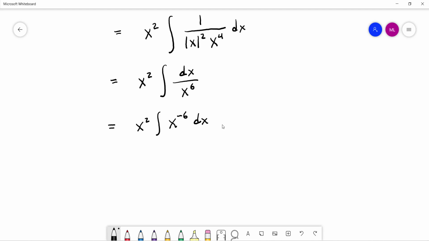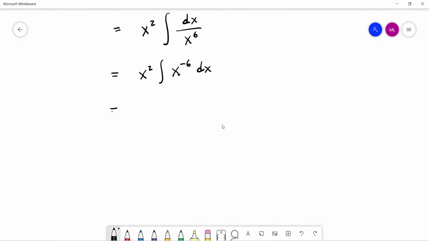What is the integral of x to the negative 6th? Well, we can just do power rule on that. So I'll have x squared times, the integral of x to the negative 6 is going to be 1 power higher, so it's going to be x to the negative 5th, and I need a negative 1/5 in front of that to cancel that out. Again, plus some constant that we'll get.